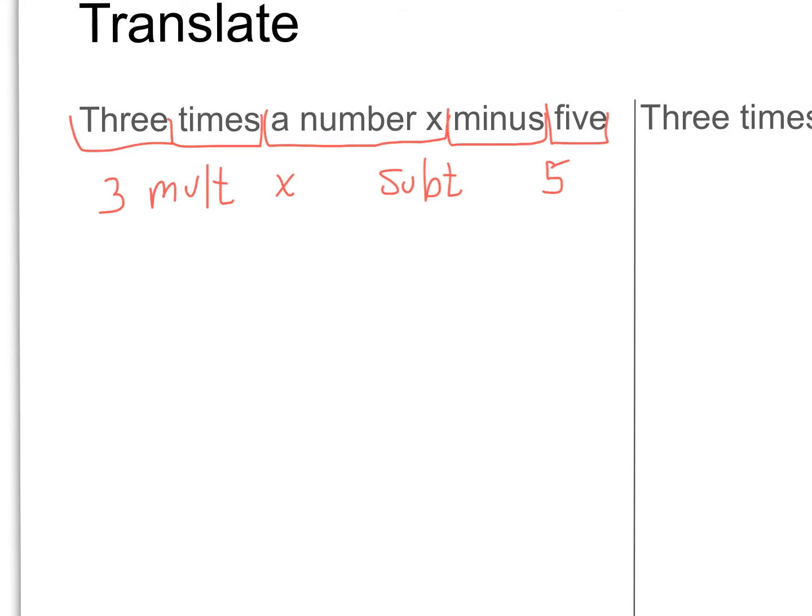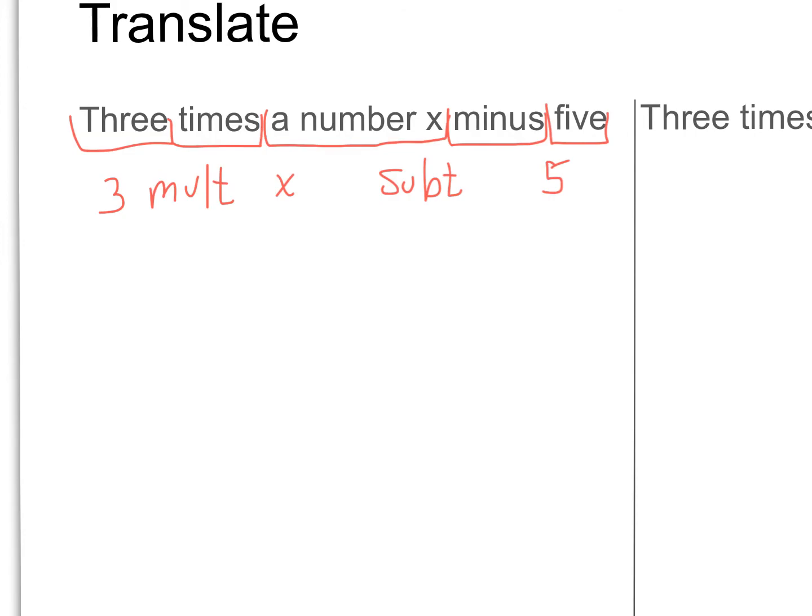All right, so now I broke this down into 3 multiply x subtract 5. So we got to put this all together. So where do we start? Do I start with the 3 multiply x? Do I do the x subtract 5? Well, again, multiplication is a more powerful function here. So we're going to go with that first.